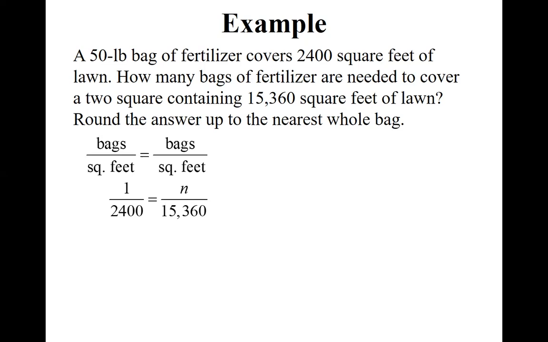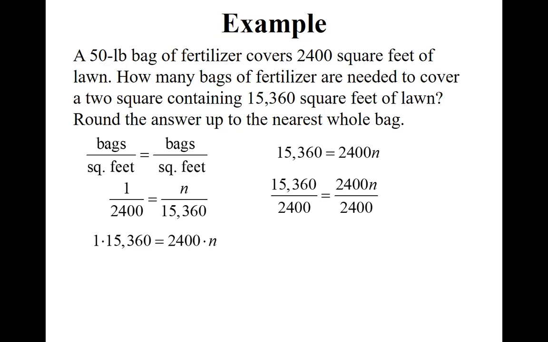N to 15,360. Take the cross products, set them equal. 1 times 15,360 equals 2,400 times n.